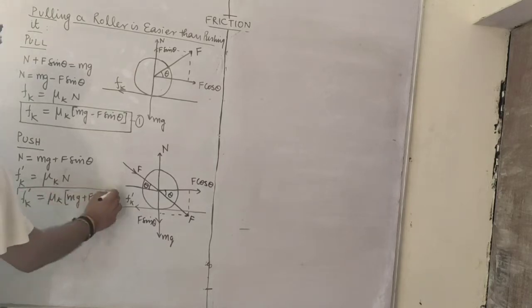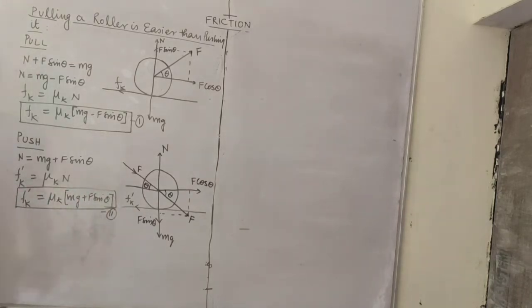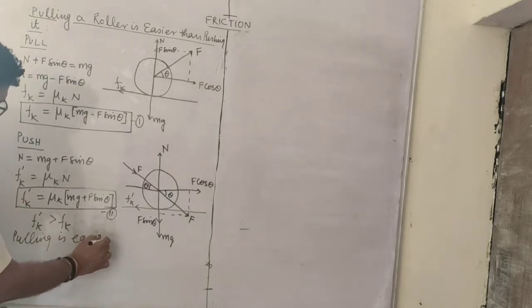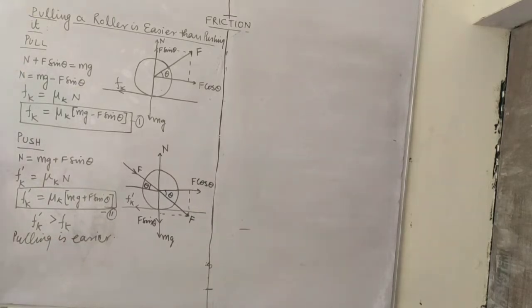So you can see that the force of friction is greater because there is a plus sign. So Fk dash is greater than Fk, which means pulling is easier compared to pushing, because force of friction in pushing is more than in pulling. This is how you will explain that pulling a roller is easier than pushing.